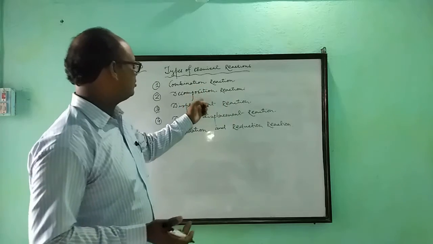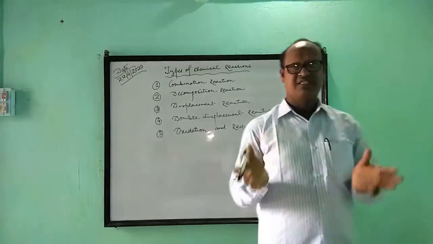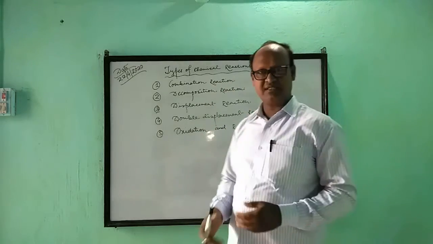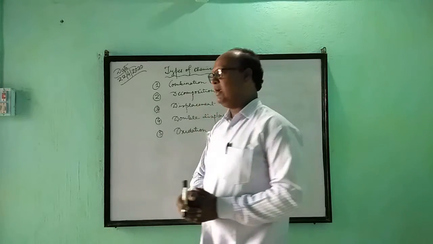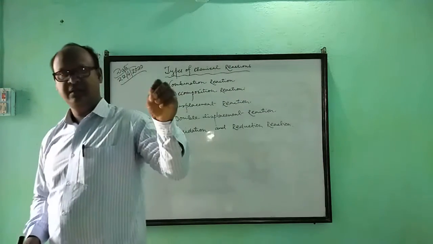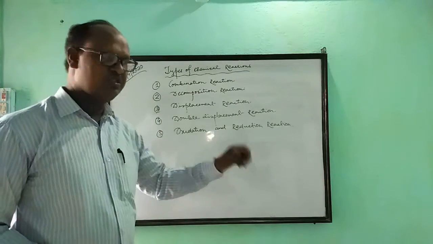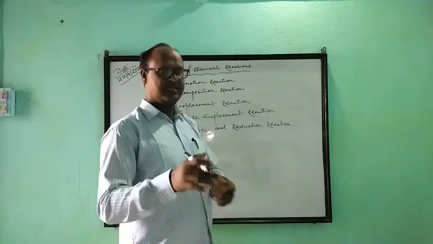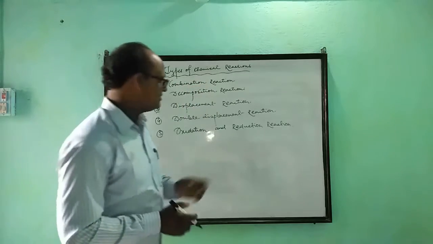When more than one substance is formed from a single substance, it is called decomposition. And when two substances are involved in a chemical reaction and produce one single substance or different types of substances from the reactants, then these are called combination reactions.